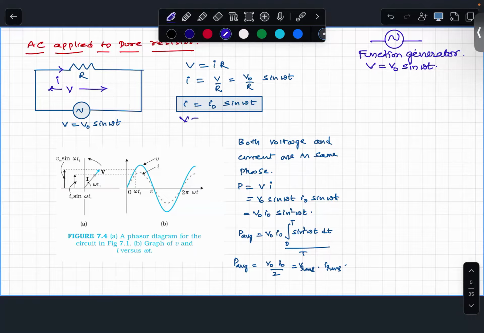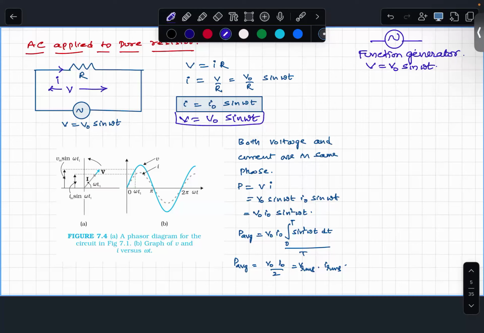It is the same as V is equal to V naught sin omega t. So what I have understood from this is that the voltage phasor and the current phasor are always in the same phase. Voltage and current are always in the same phase in an AC circuit with a pure resistor.